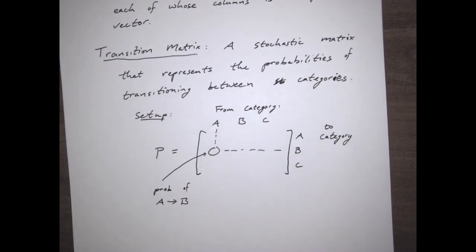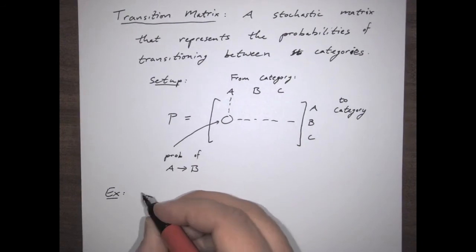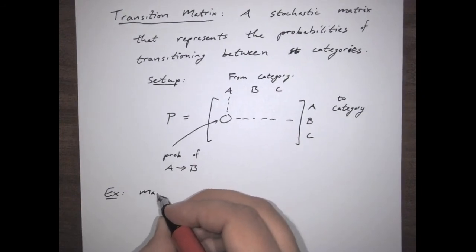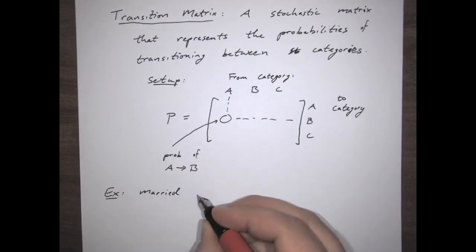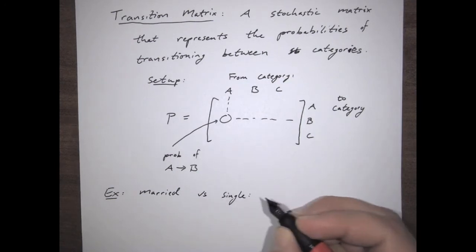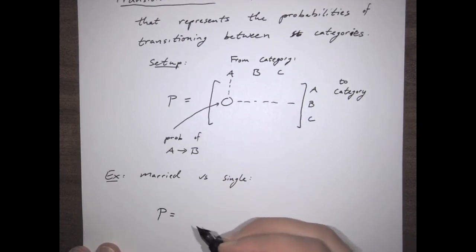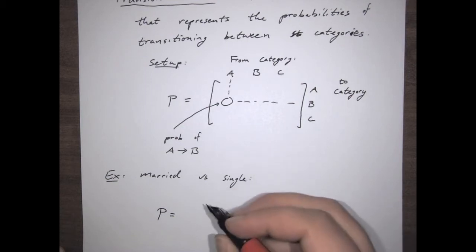So the probability of going from A to B, just for example. As an example of something like this, for the marriage example, married versus single, P, we always use P for these, P for probability, I guess.